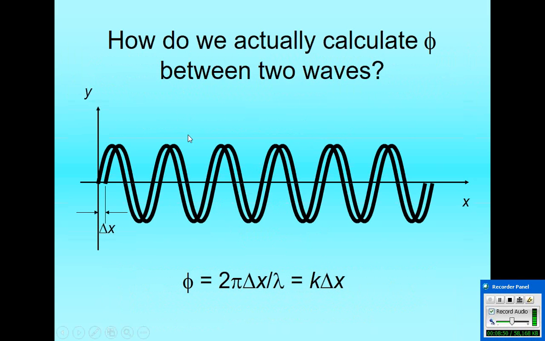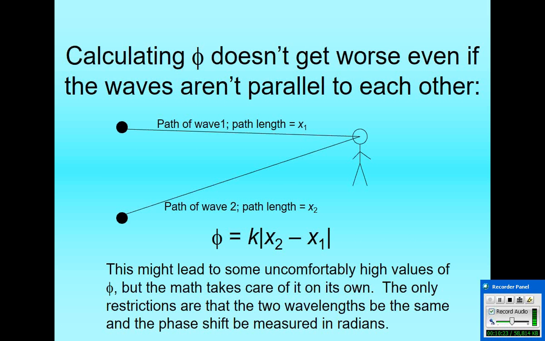If I know x1 and x2, I just find the difference in those path lengths. I don't worry about direction. I just want the difference between the separate distances traveled by the waves. I want the path length difference, delta x. So the absolute value of x2 minus x1 gives me delta x.